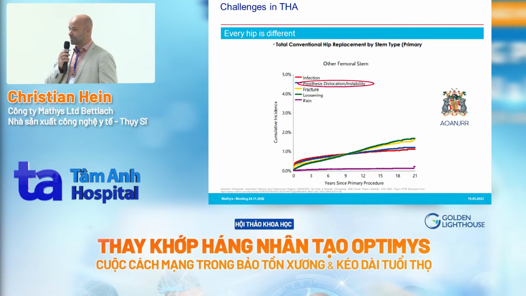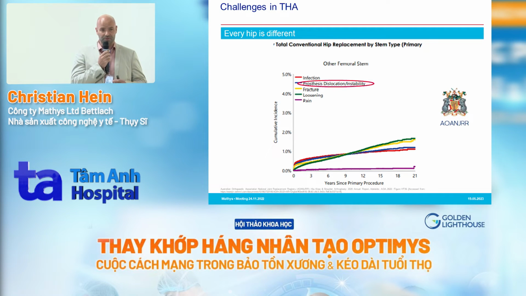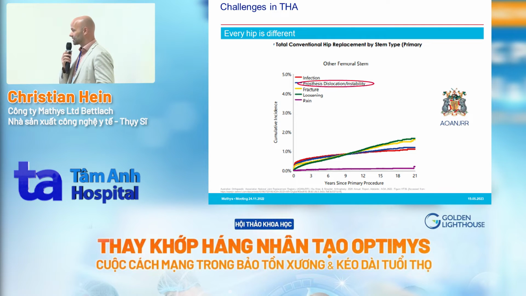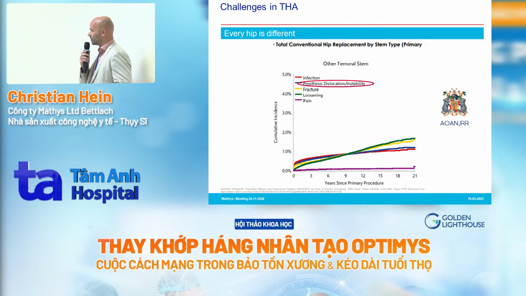And this might be one of the reasons why we have dislocations, because if we are not able to reconstruct offset, but also the anteversion, in the correct manner, dislocation, as we can see here, is still one of the most common reasons for revision. So how can we reconstruct this kind of anatomy or biomechanics?